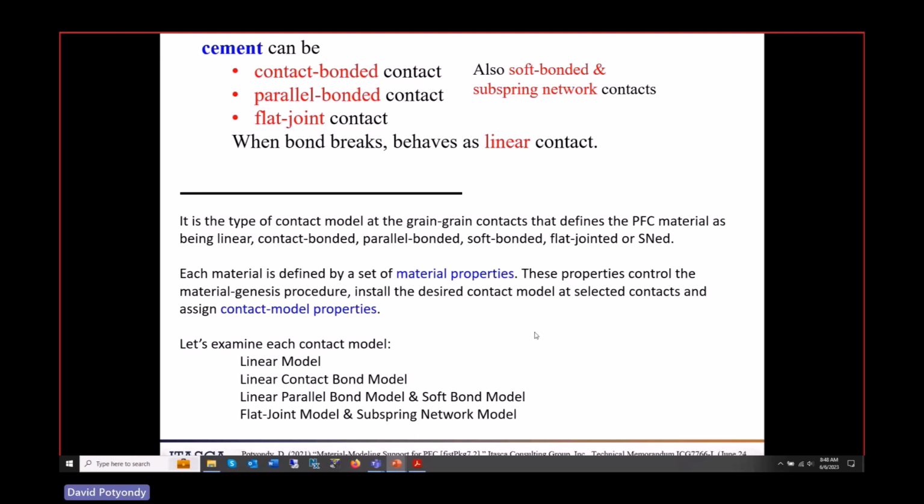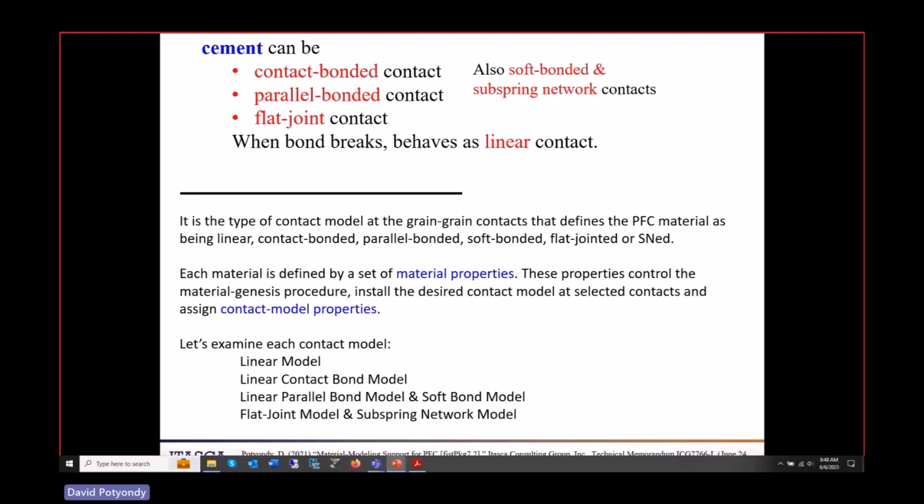Of course, a material is defined by its material properties. These are the microstructural properties of that type of material. These properties are not just the contact model properties. There are also properties that control how the material gets put together to begin with.